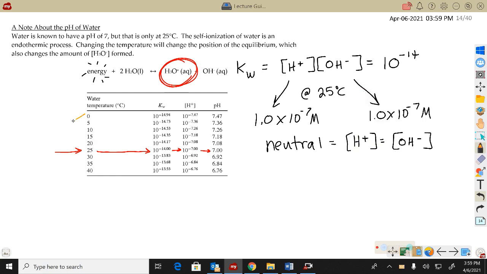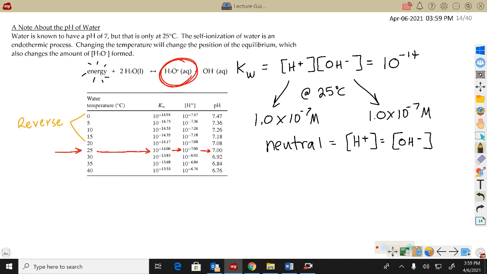So check out up here. Here we're going to favor the reverse. And look what happens to the hydrogen concentration. It's smaller, right? Because I have to think that these are negative exponents. So 10 to the negative 7.47 is smaller than 10 to the negative 7th, right?